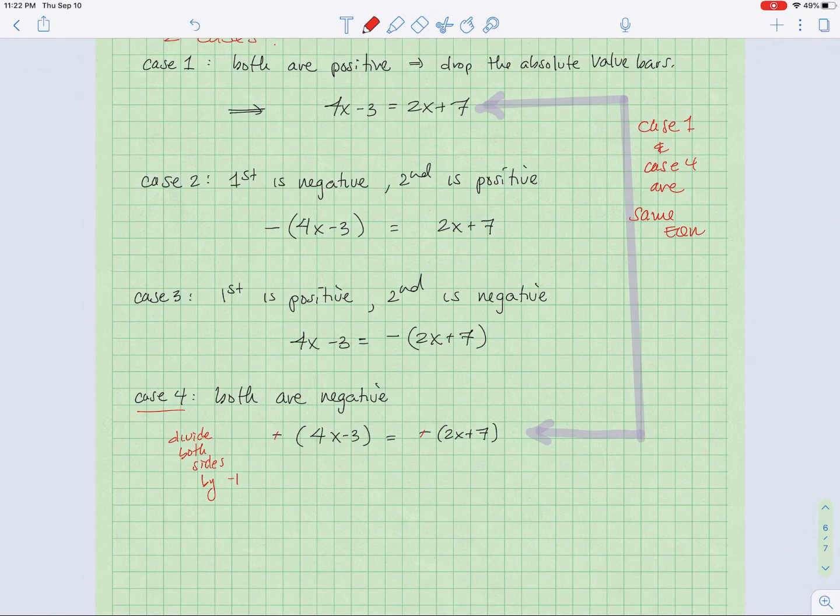Similarly, if we were to take case 3 and divide both sides by -1, that would make the right side positive, but it would make the left side negative. And again, we would see that these two cases are really the same case. So case 2 and case 3 are really the same case.